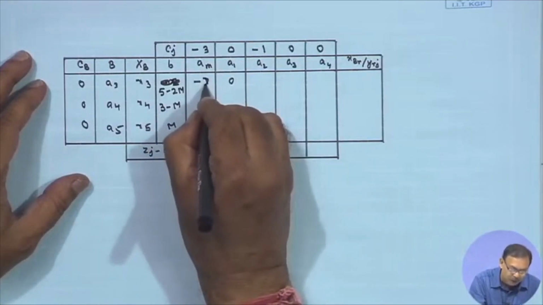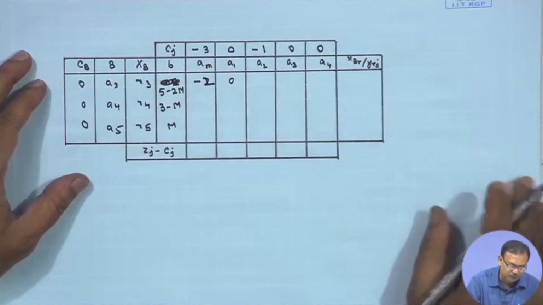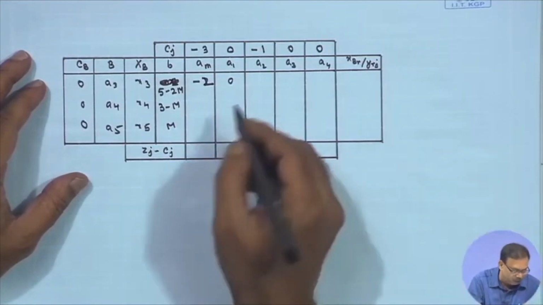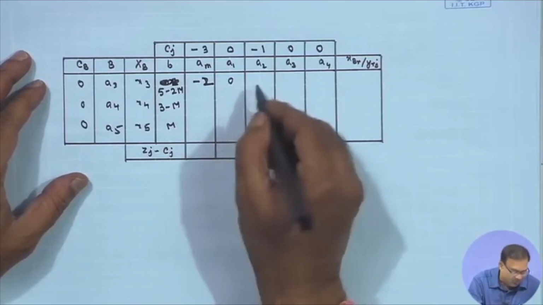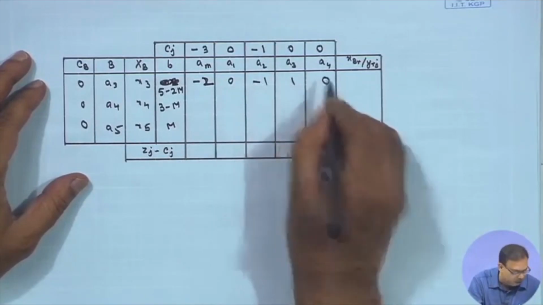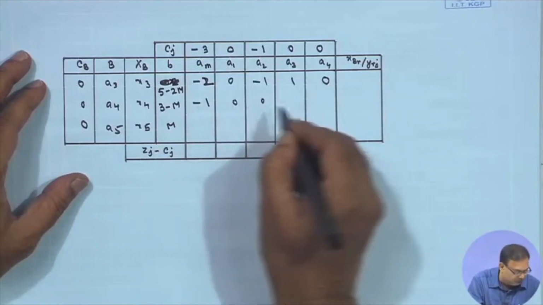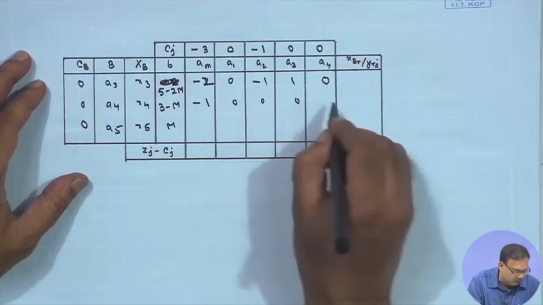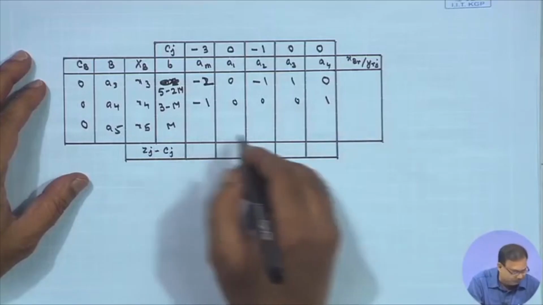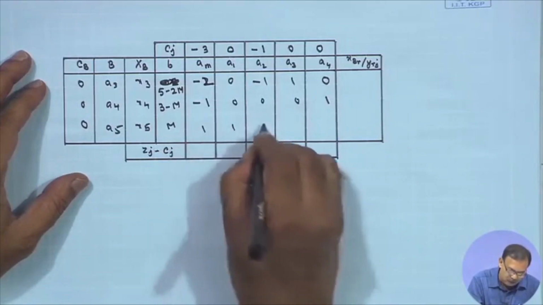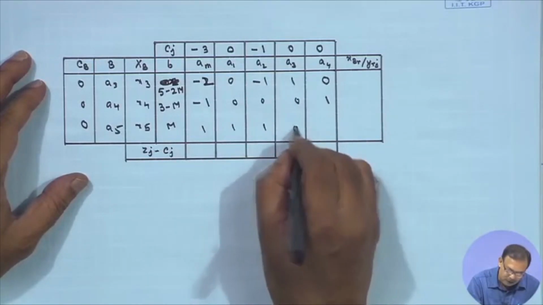Here it will be minus 2 m, then 0, minus 1, 1, 0, minus 1, 0, 0, 0, 1 and 1, 1, 1, 0, 0.